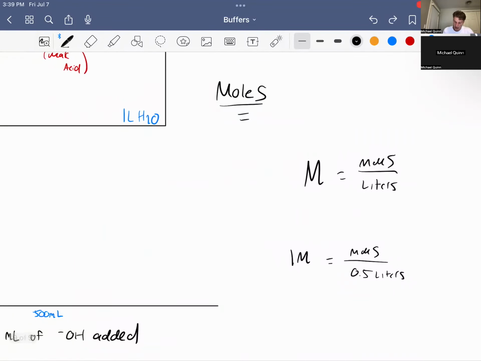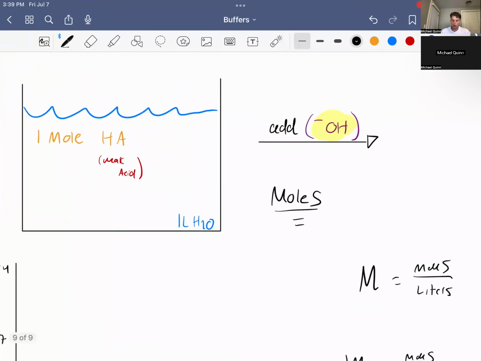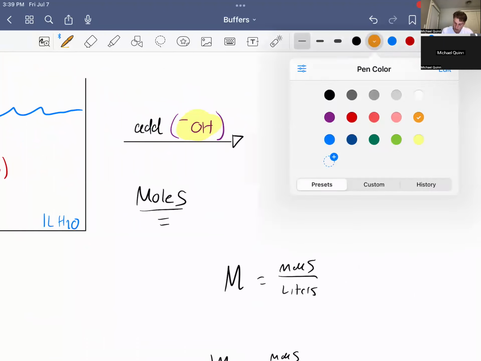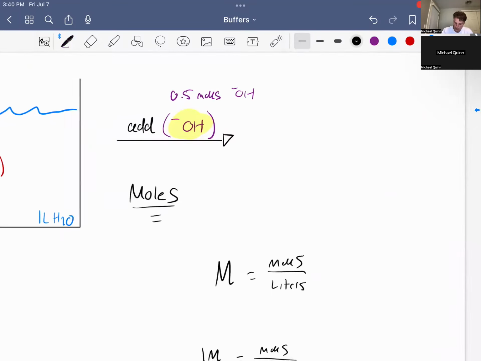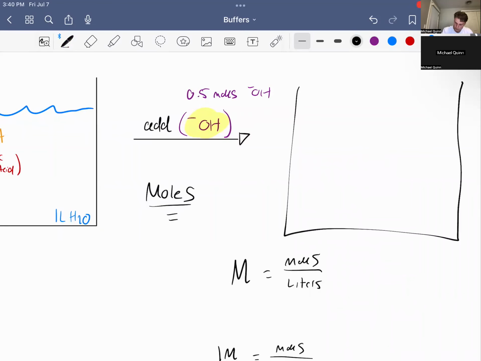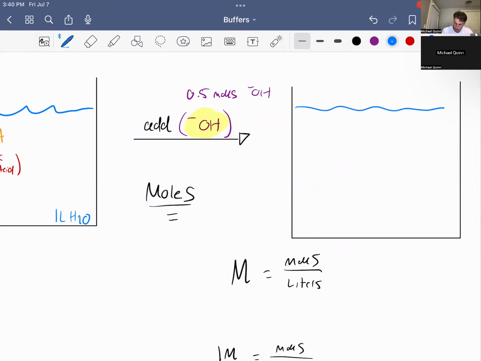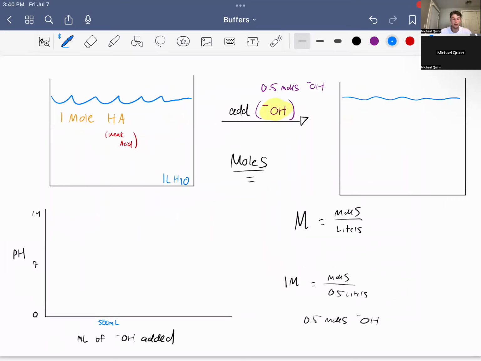So let's see how many moles of OH minus this is going to give us. So 0.5 times 1. So we're going to add 0.5 moles of OH minus. Now let's see what's in our new beaker. So now we added 500 milliliters of another solution in, and we started with 1 liter of water.